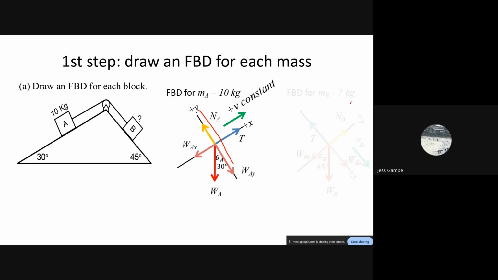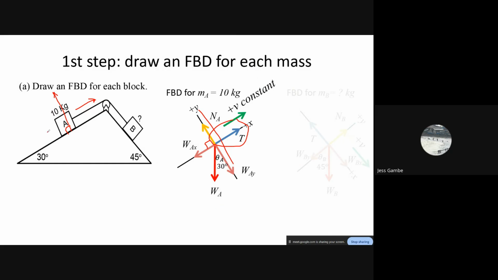If we examine, the tension will be coming from the string, going up the incline, so it lies on the x-axis. Then you have the normal force, which is always perpendicular to the surface, so it is perpendicular to the incline, the x-axis.